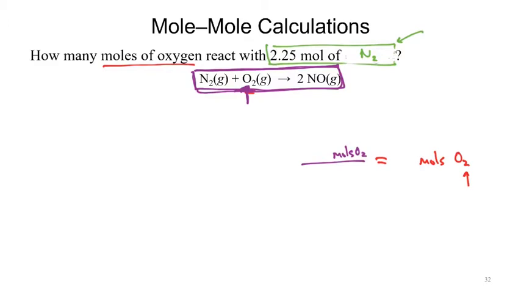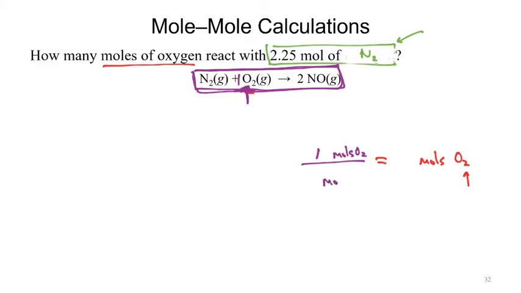Since I'm at moles, I could do this. The number associated with that, assuming this was a balanced equation, would be 1. So I could even put in a number there. But because it's from the chemical equation, it's not that I have 1 mole of O2. It's that I know 1 mole of O2 can be related to nitrogen or NO2.